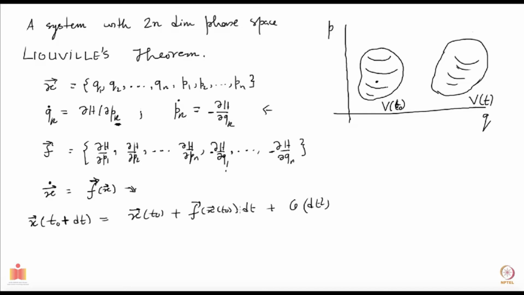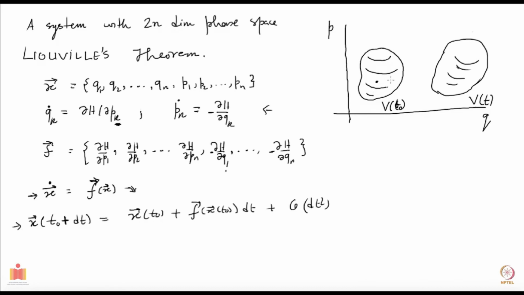Okay, that's fine, that's good. So what is contained in here is the information about how the points are going to move in time. Okay, that is what is contained in here, which is same as this equation.